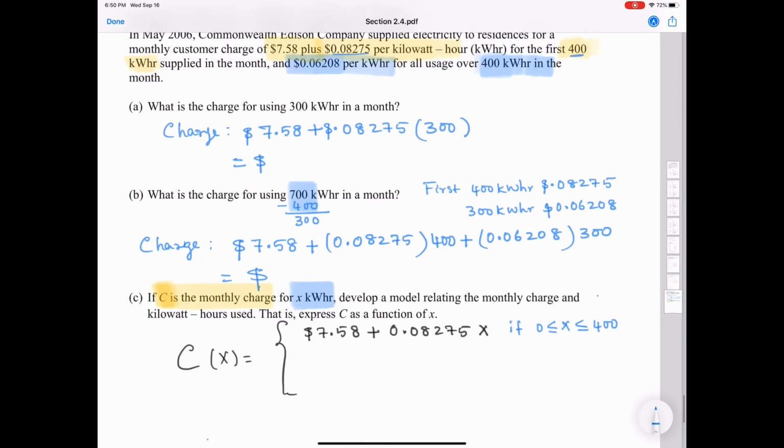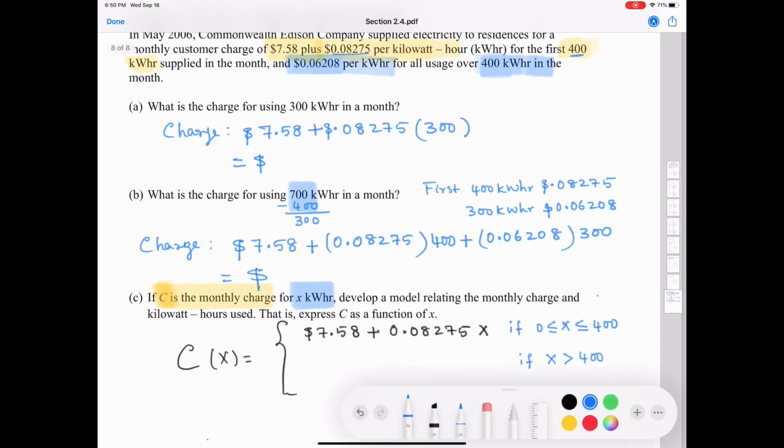Now for the domain where X is greater than 400, we'll build the function for that.